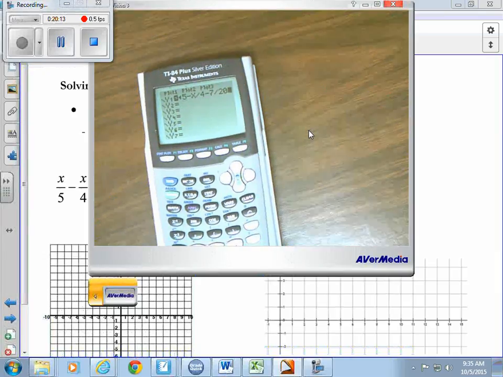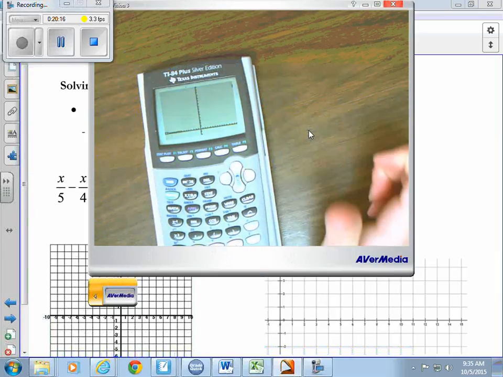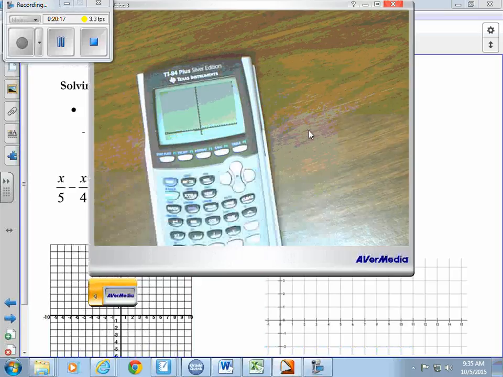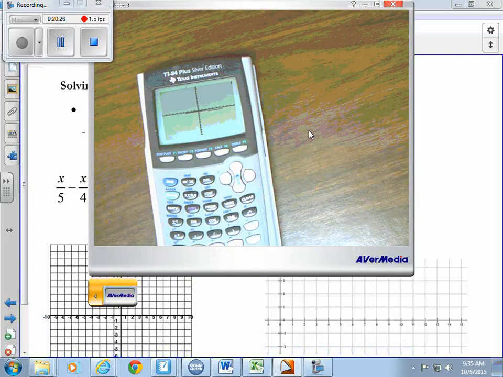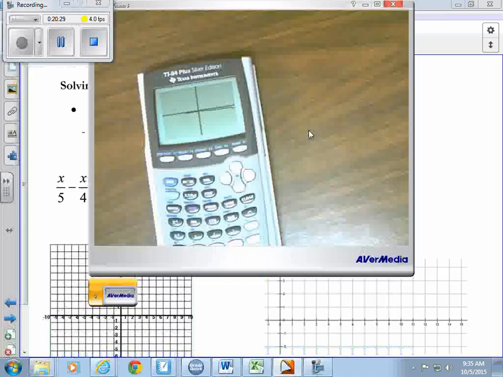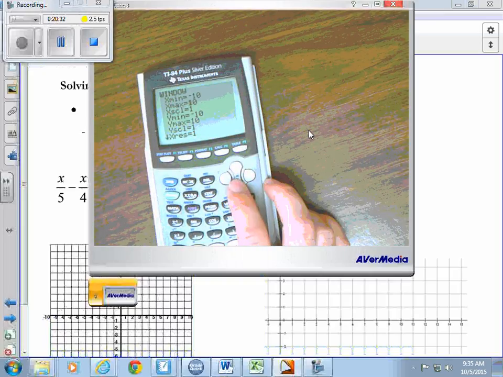And I could graph that line. I'm going to zoom back to a standard window. It is a hard line to see because it's really small. You remember last time we looked at this one, we did our y's from -2 to 2.